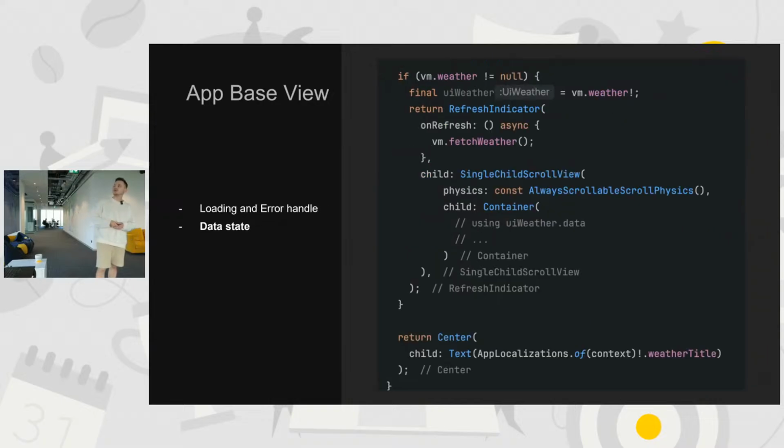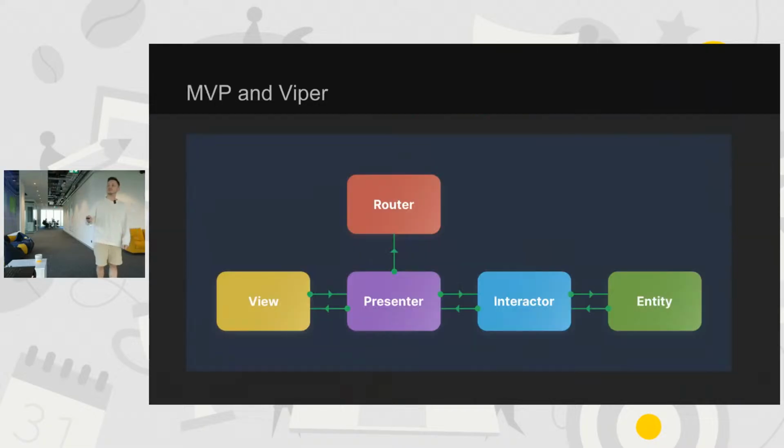And this is my actual structure which handles the weather. RefreshIndicator allows us to listen to our swipes. It allows us to fetch the weather, and I just simplified the other structure, just the scroller and other components.